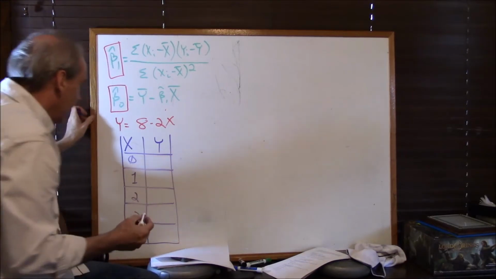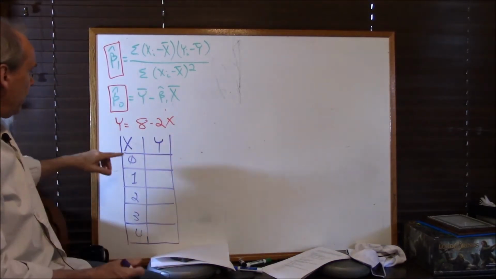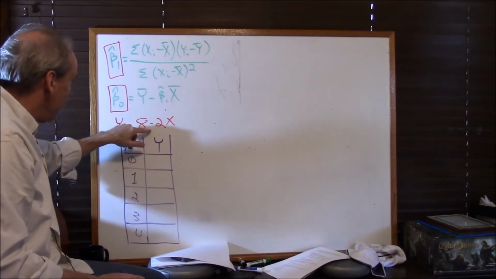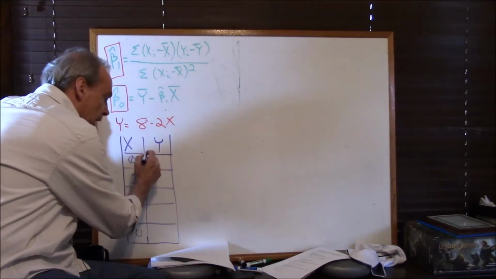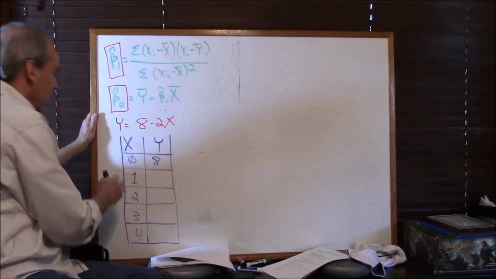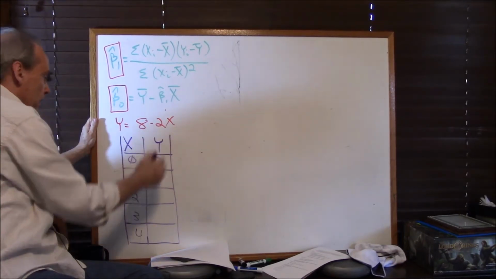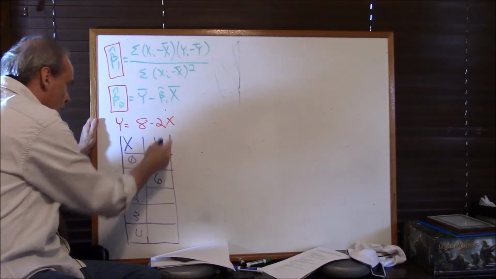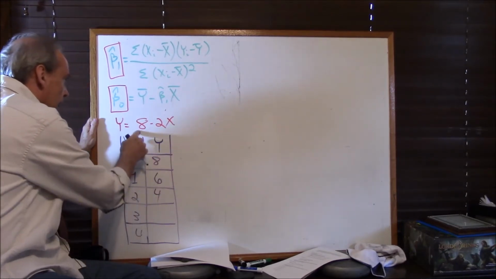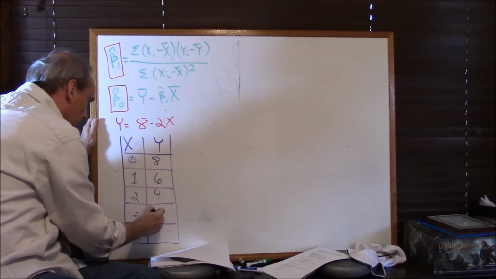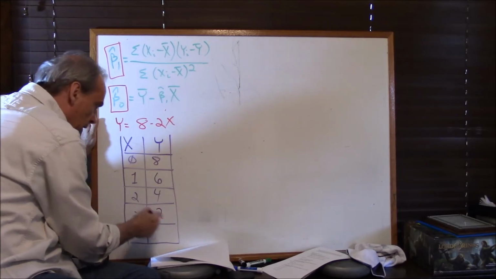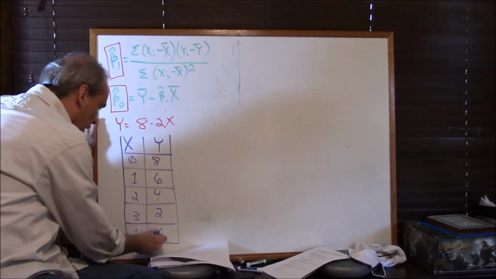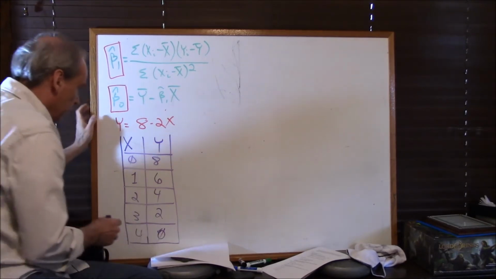Now, if we've got 8 minus 2 times 0, that must be 8. 8 minus 2 times 1, that'll be 6. 8 minus 2 times 2, it's going to be 4. 8 minus 2 times 3, it's going to be 2. A little pattern here, huh? And 8 minus 2 times 4 is going to be 0.